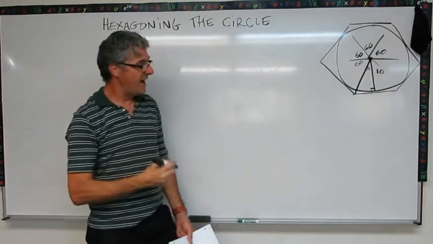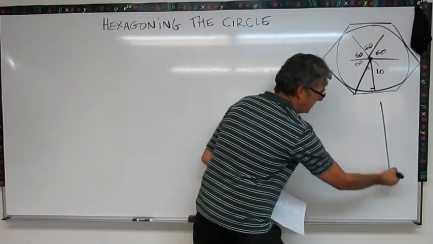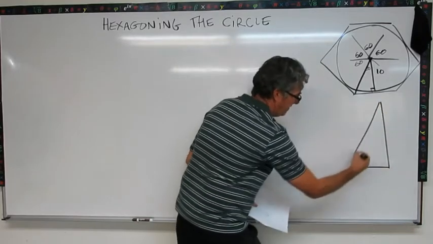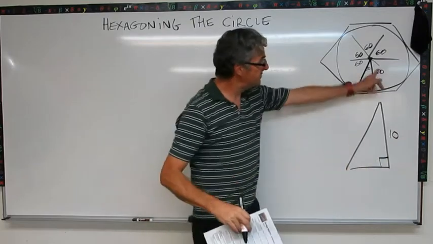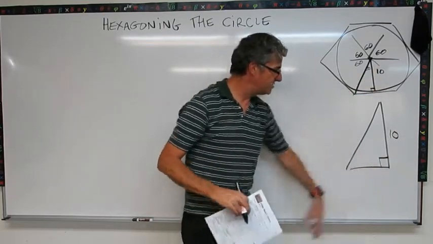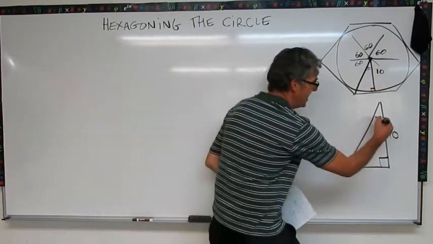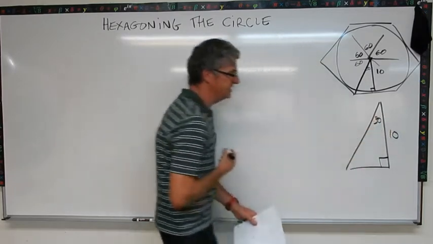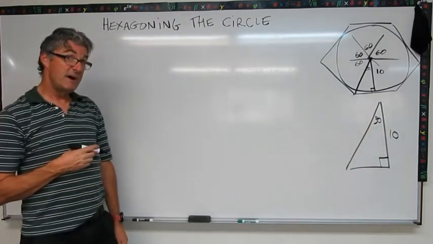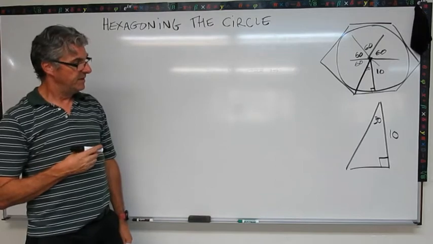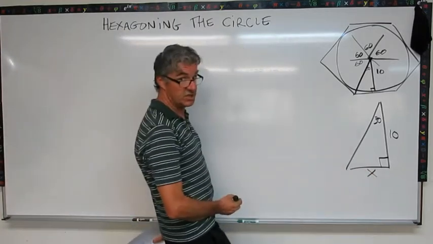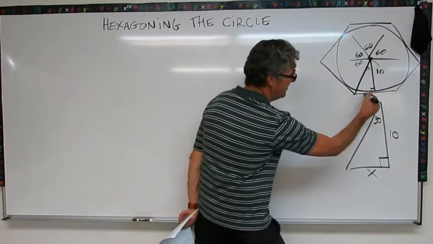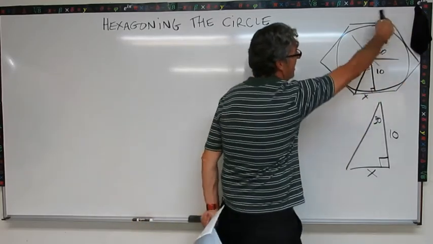So now I have this triangle. I'm going to blow it up. Here's my 10, which is the radius of the circle. It's also the side of this right triangle. Now I know this angle here is 30 degrees. Now I'm well on my way to solving this problem. I can use trigonometry, the tangent function, to find this side x, which is also half the length of a side of the hexagon.